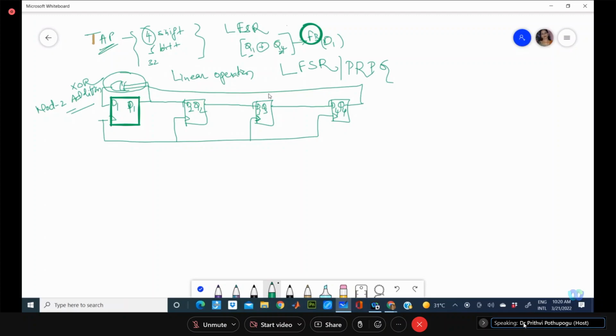What is the exact use or need of these linear feedback shift registers in testing? I think it is to generate the test patterns.